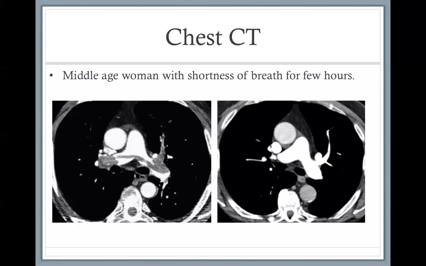In order to diagnose them, we usually do CT chest with contrast, and we aim at visualizing best the pulmonary arteries. And if we see filling defects like these, then we got the diagnosis. Okay, so this is pulmonary embolism of the chest. Okay.